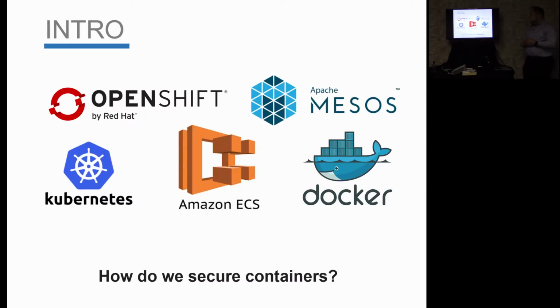There's a plethora of technologies that you can use. You can use OpenShift. Apache has a system called Mesos, so I'm not sure if that's the correct pronunciation, and Kubernetes, ECS, and Docker. And the big question then comes in is, these containers, how do we secure them?